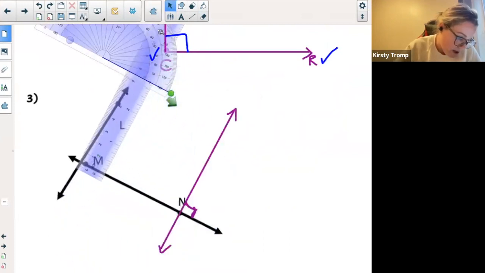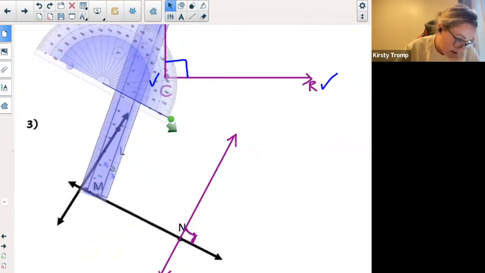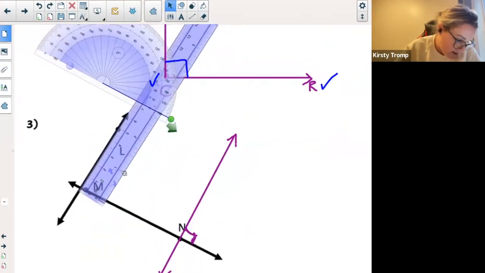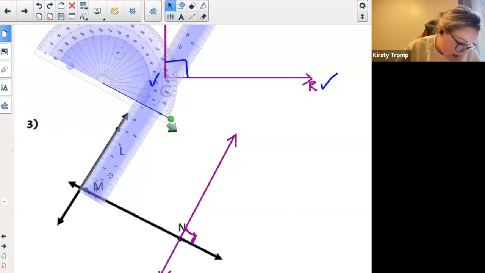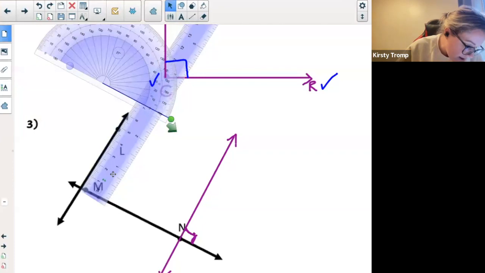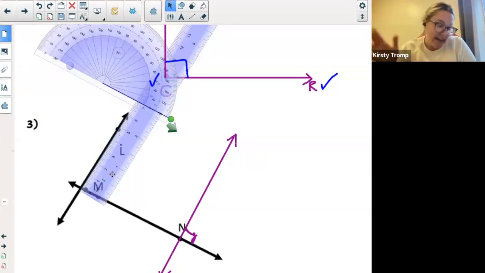I'm going to put my ruler on where I've got M in this line, and I can measure it. And when I measure this line, I get 4,8 centimeters.